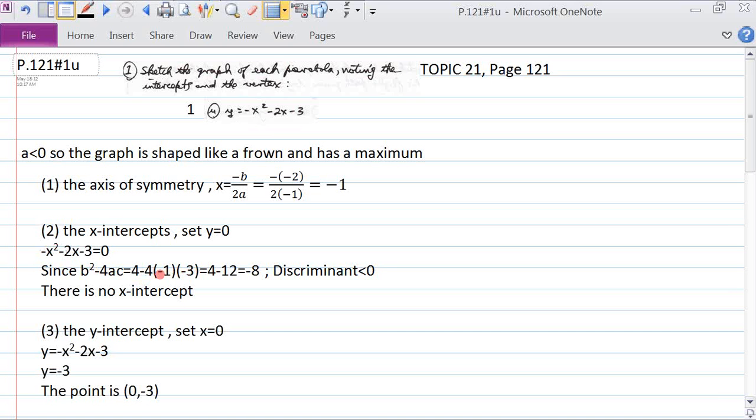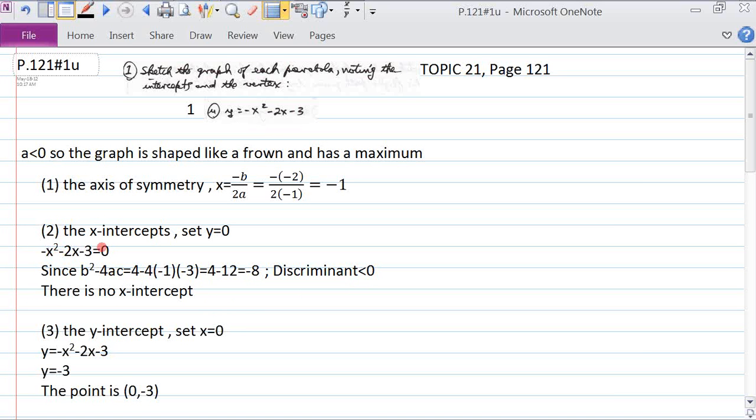So this will come out to be 4 times +3, which is 12, but because of the negative sign here, we get a -12. So we'll have 4 minus 12. The discriminant is -8. The discriminant is less than 0. Therefore, there is no x-intercept.